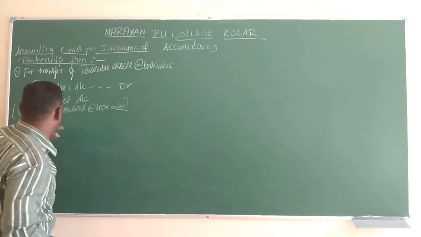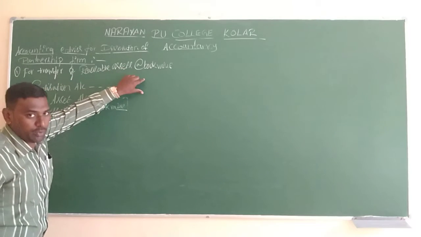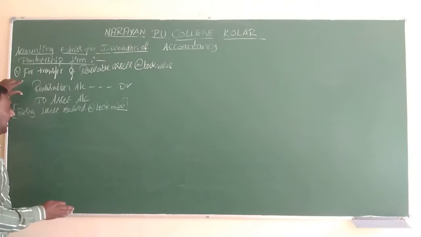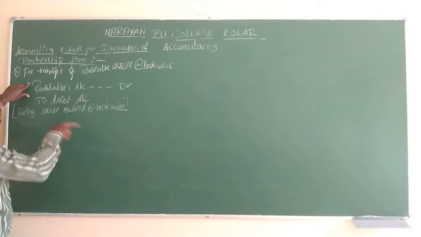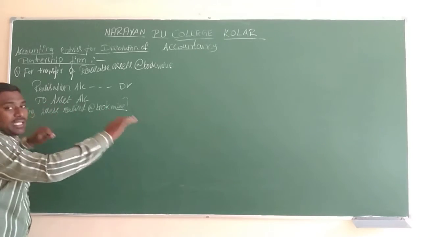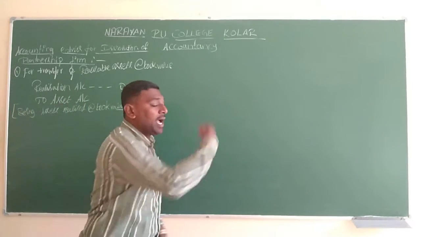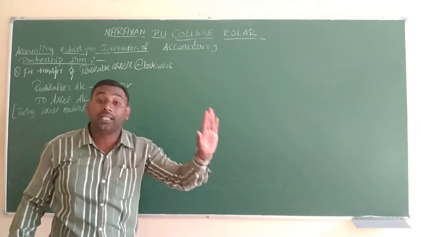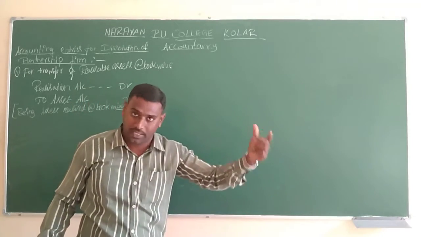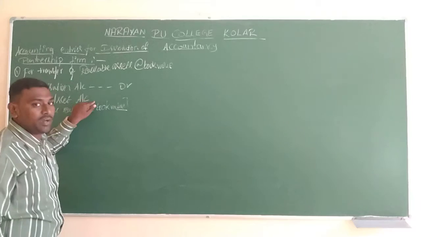The entire sentence means: realization account debit, that means the assets are recorded on the realization account debit side, and we collect them from the asset account. The asset is available on the right hand side of the balance sheet, and whatever is available there we transfer here.